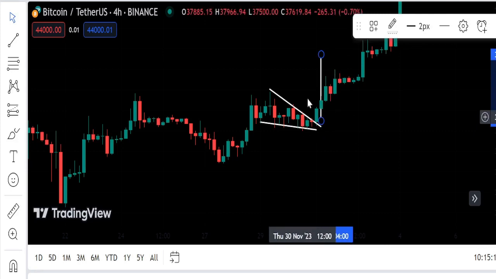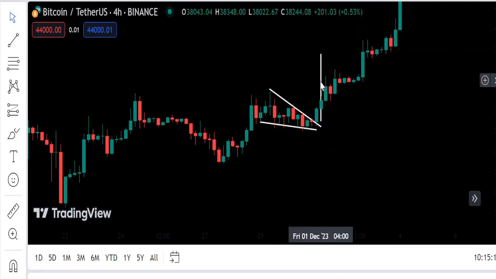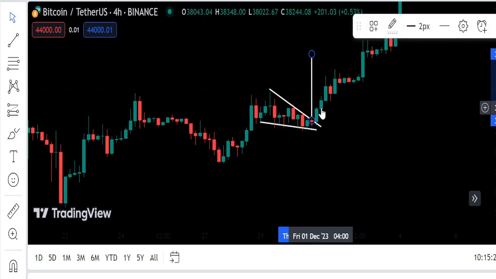So one way we could enter this trade is through a breakout, or if we had a retracement of about here, we could also enter the trade, but more often than not, you will find a breakout trade on a falling wedge pattern.